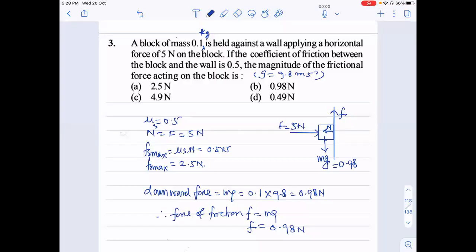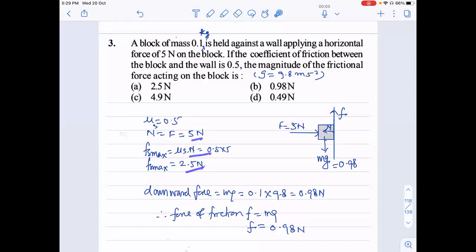See, this was the mass given to us, 0.1 kg, and the force applied is 5 Newton and the coefficient of friction is 0.5. So whatever force we apply, the same is the normal reaction. The horizontal force is perpendicular to the wall, so the same normal reaction will come, 5 Newton.